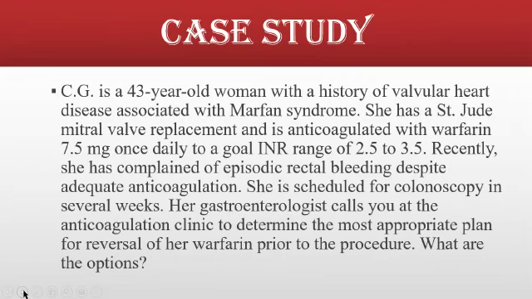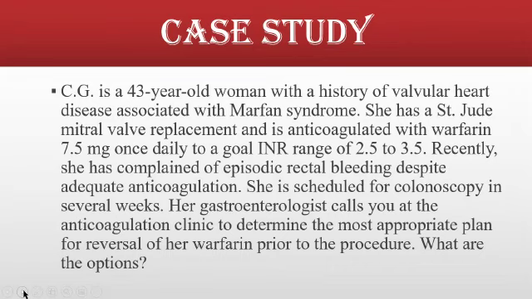Besides this, she has a mitral valve replacement, and her current medication is warfarin 7.5 mg once daily to a goal INR range of 2.5 to 3.5. Now I'm going to clarify the INR range, that is, international normalized ratio. For a normal healthy person, this ratio should be less than 5.